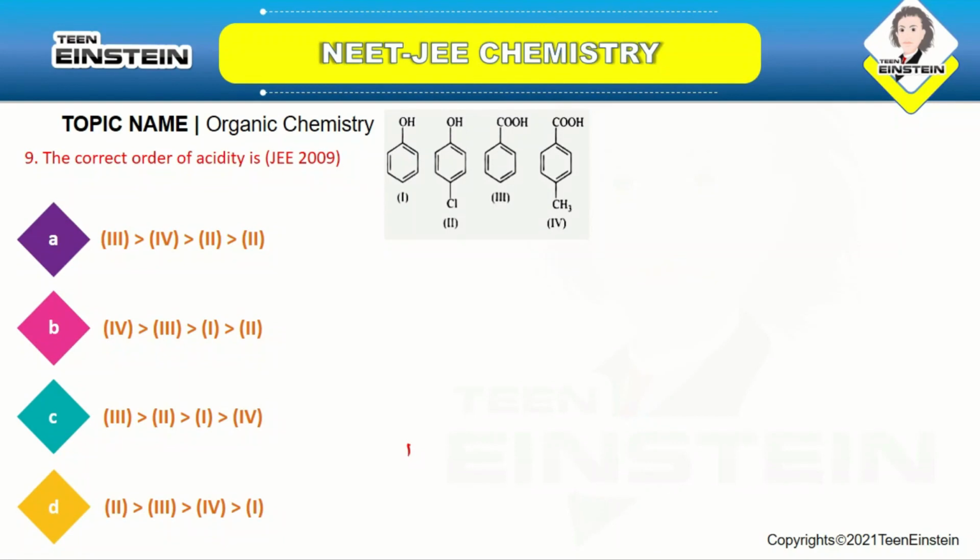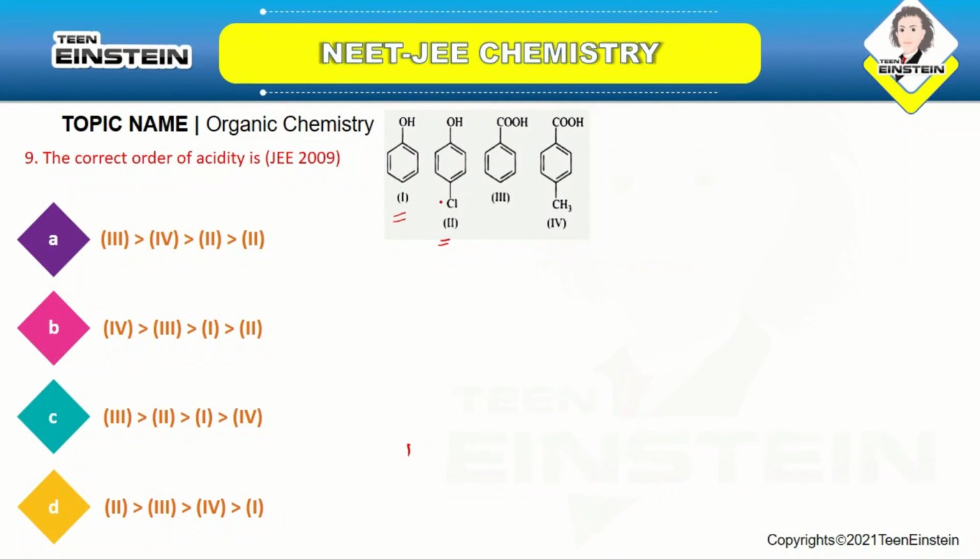So here we can see the first option. First option is phenolic group, which is less acidic than acidic group. Next, come to the second option. Here the chlorine is substituted in the para position.